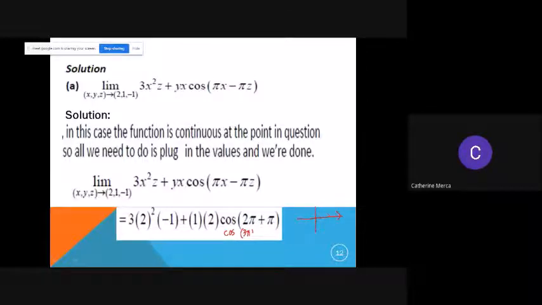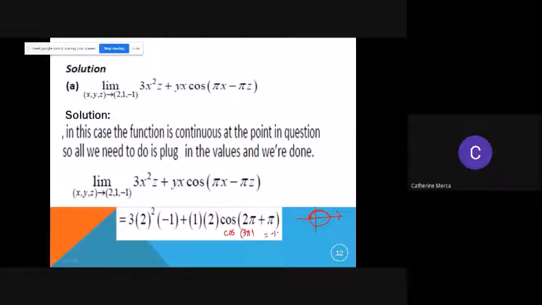This is pi, then you will have 2 pi, then you have 3 pi. So what's cosine of 3 pi? Negative 1. Yes, correct. That is equal to negative 1.